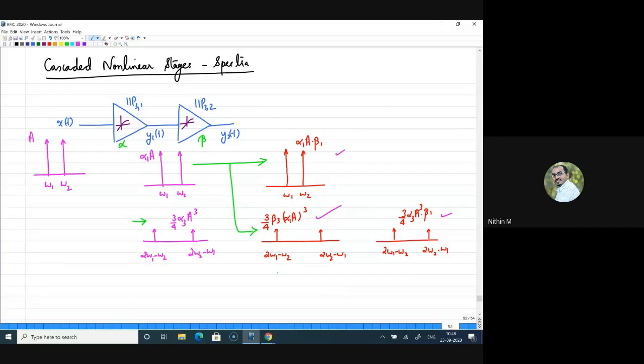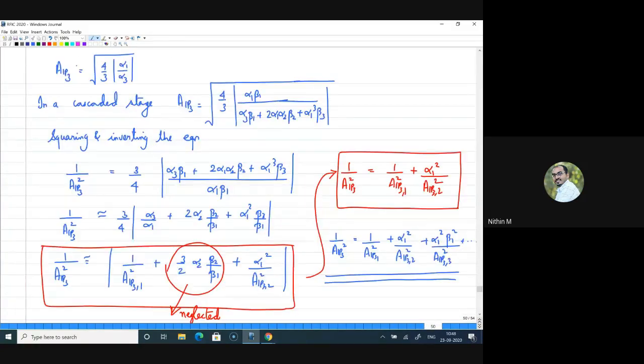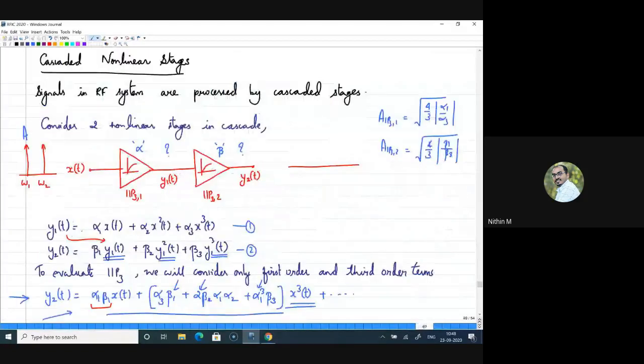Okay, so yesterday we have done the cascaded nonlinear IIP3, and we arrived at an expression. So today we are again looking at the same thing but through spectra. Yesterday we have written this equation directly; I told that I am considering all the terms directly. Now we are looking at the spectra and we are checking all the possibilities of third order and first order terms at the output of the second stage.